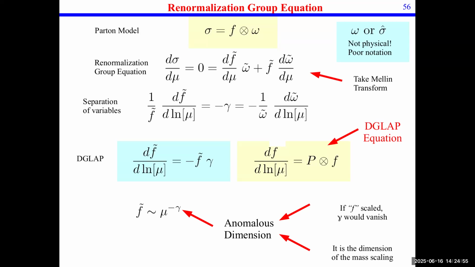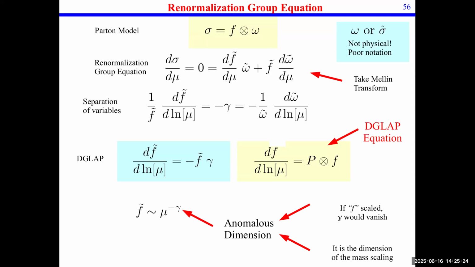The answer is F, the energy dependence, is mu to the minus gamma. Okay. And then if you convert that back from Mellin space into normal space, this is your DGLAP evolution equation. This gamma is called the anomalous dimension, and that may seem unusual, but the motivation or the link of that comes from, it's a dimension because mu is, of course, energy scale.